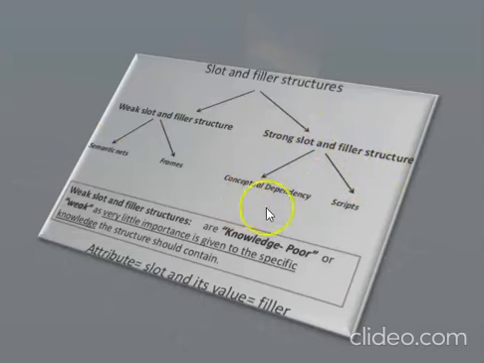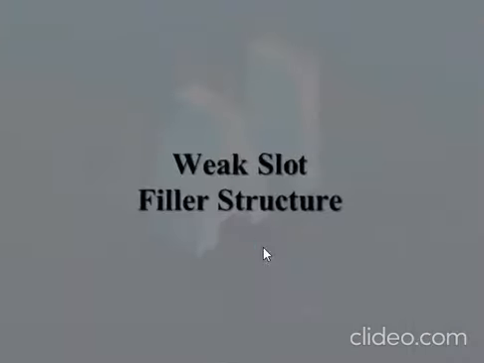We will be moving on to this topic very soon, and we are familiar with the weak slot and filler structure, that is semantic nets and frames. Those attributes will be considered as slots, and their values will be considered as fillers.